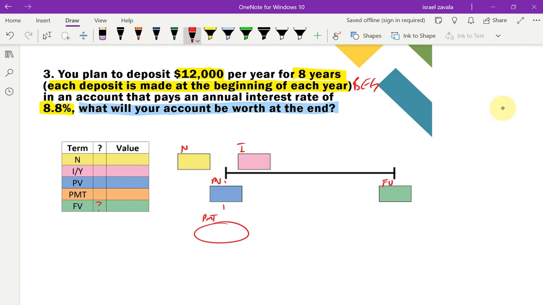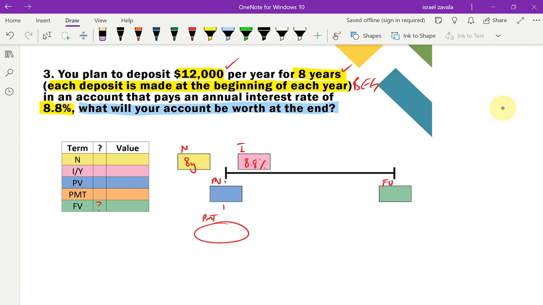Okay, so how many years? We have 8 years. Interest rate, 8.8%. The present value, well, there is no present value, right? We know we have $12,000 for 8 years. So that's a stream. Now, if it said something like you are starting with $10,000 and you plan to do a stream of payments, then we would have something here.